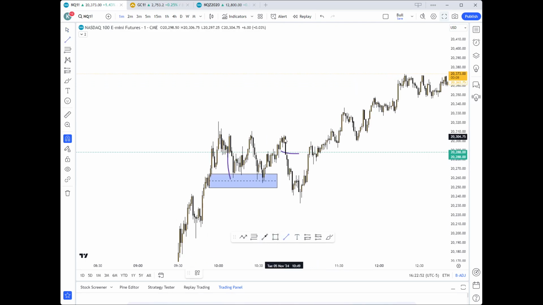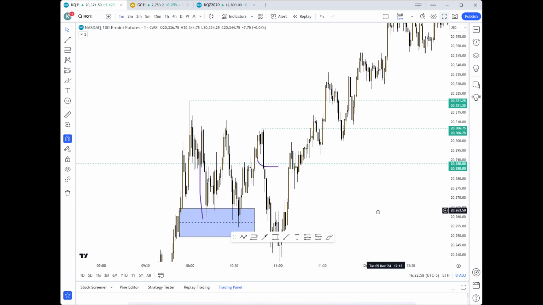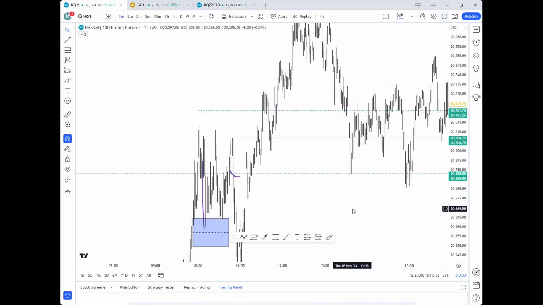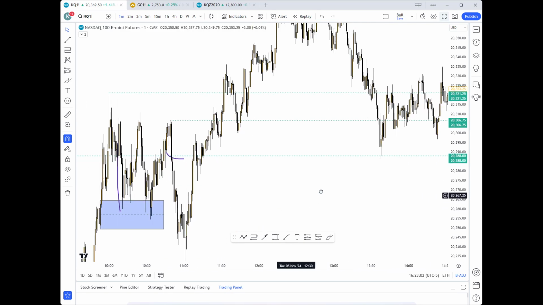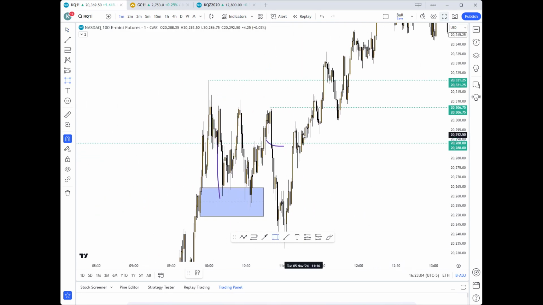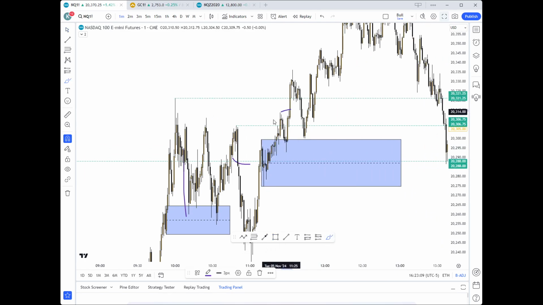You got your protected high here. You got your higher time frame high here. What area broke it? Right there. You could argue this being the SMDR that broke this area.